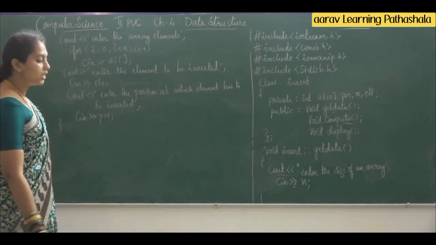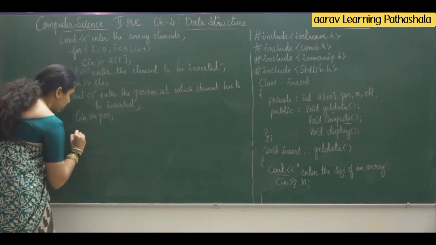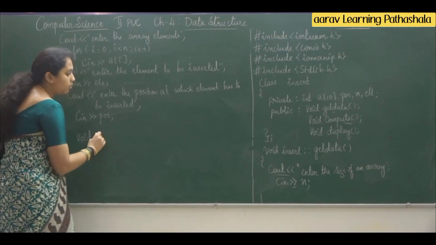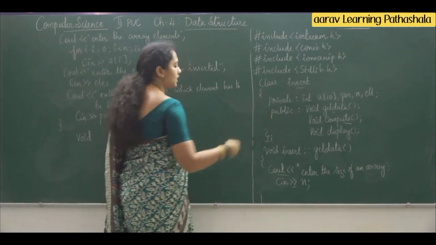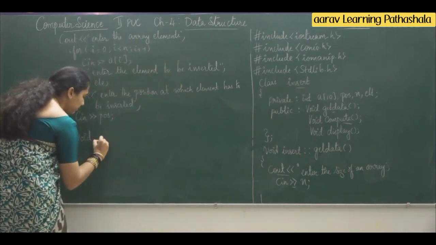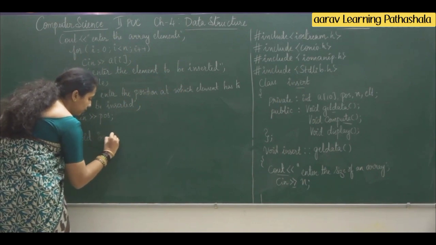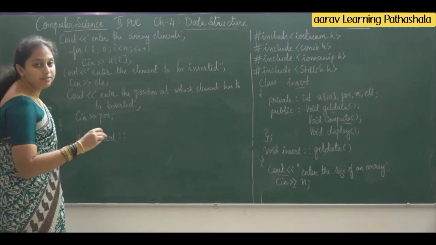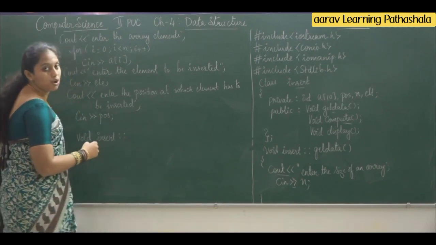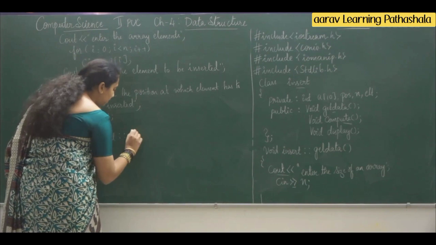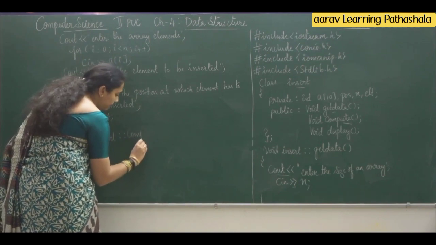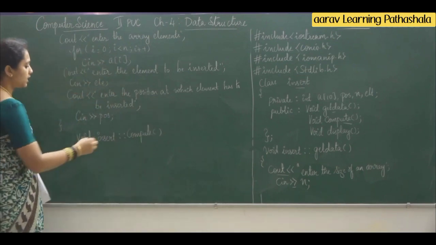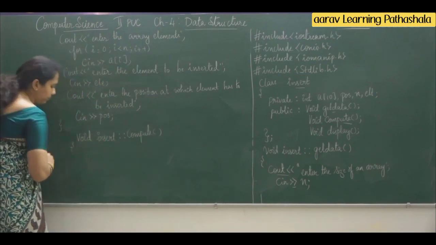So we have to perform the required calculations. So void, the return type is void. What is the class name? The class name is insert. We are defining the function outside the class. That's why we are using scope resolution operator here. Compute function. So this function is referring to the class insert.